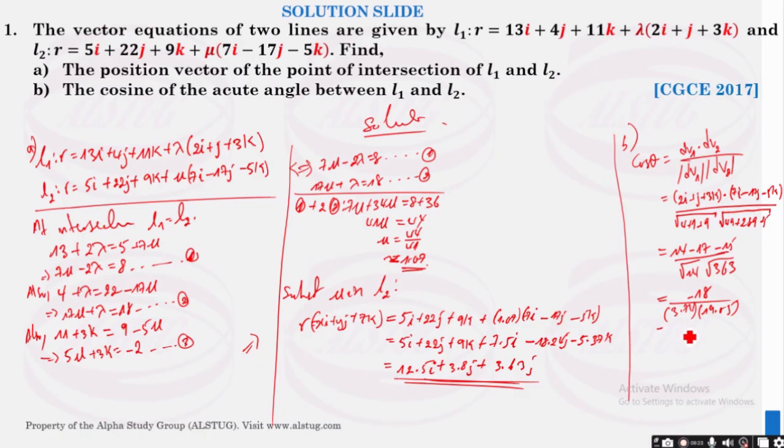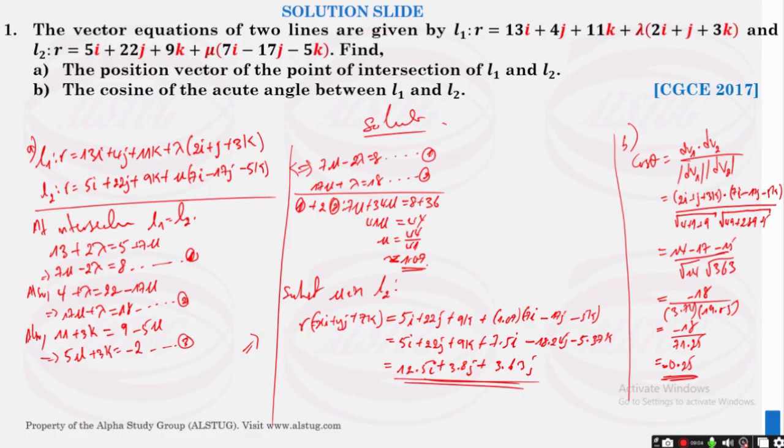This will give us negative 18 divided by 71.25. This will give us negative 0.25, and that is our solution.